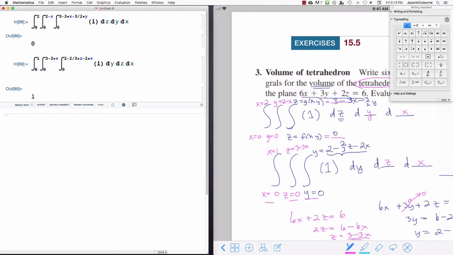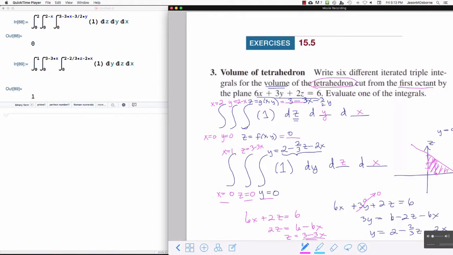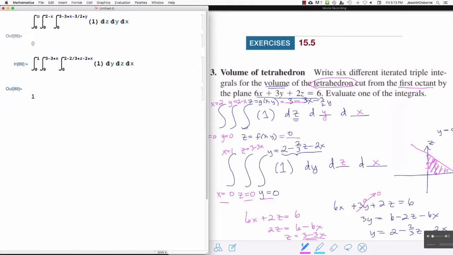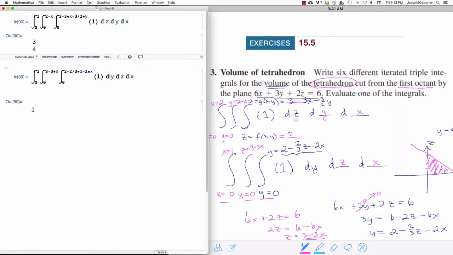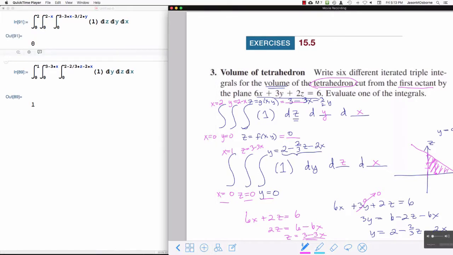I would have to look back at, maybe I made a mistake somewhere. Did x go from, was x from 0 to 1? Nope, I think we had 0 to 2. That's what we thought from the... These two integrals should come out to be the same if you've set up the limits appropriately.